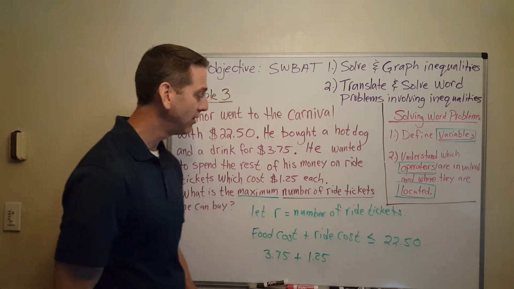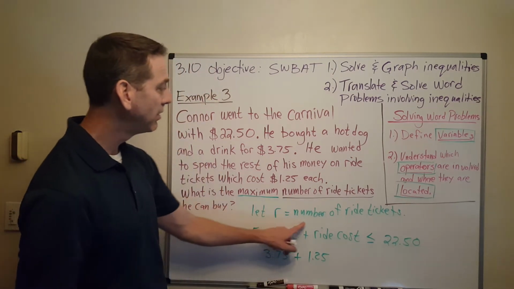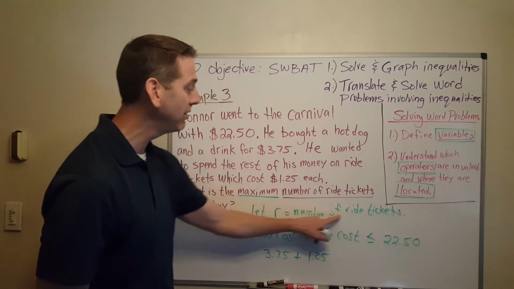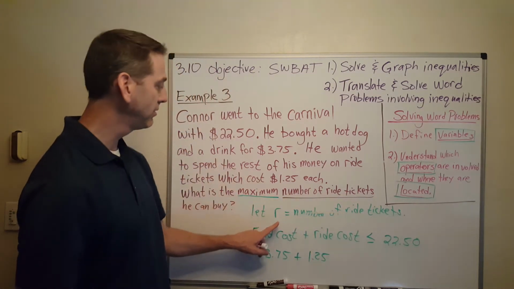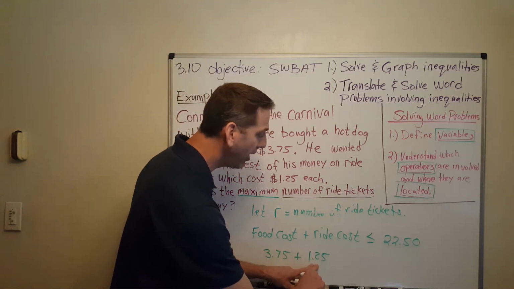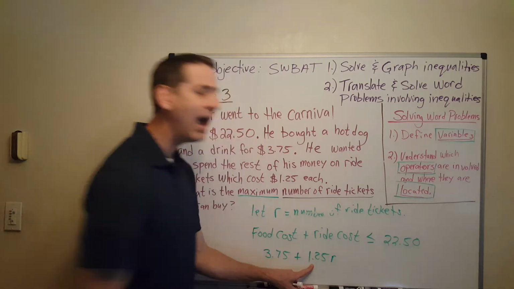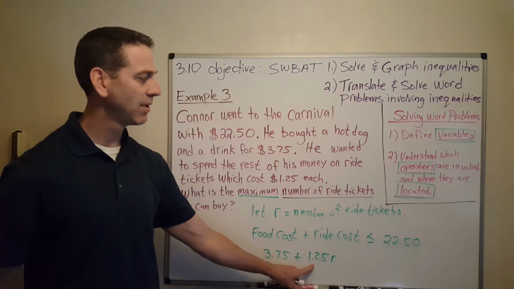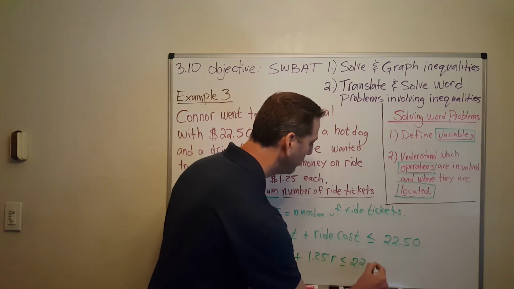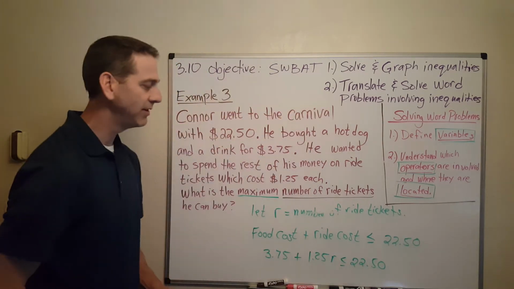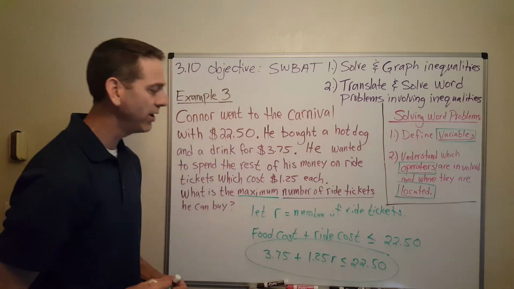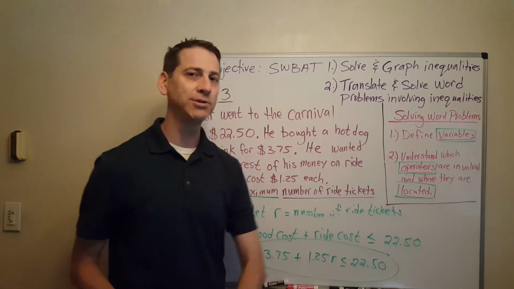What's the number of rides? The number of ride tickets, right there. See how important it is to define your variable? I just wrote R. So $1.25 per ride is less than or equal to $22.50. There is my inequality written out in all of its grandeur.